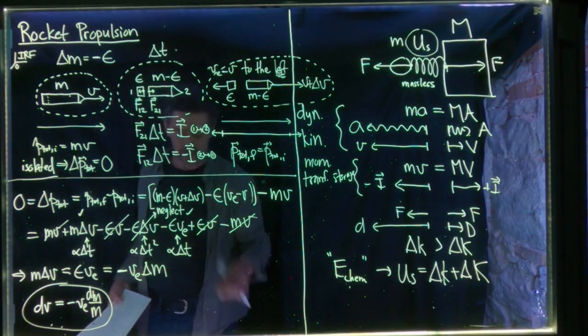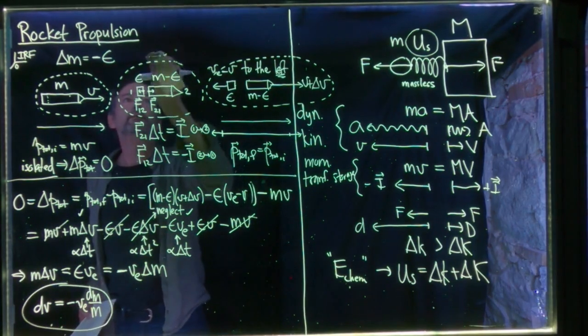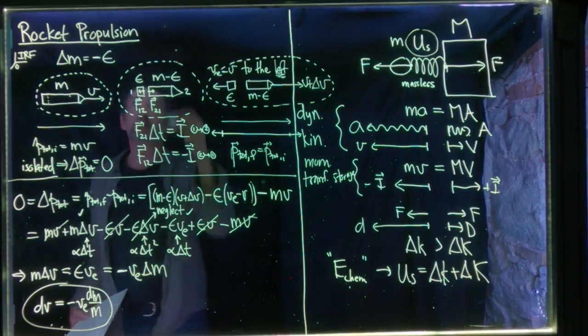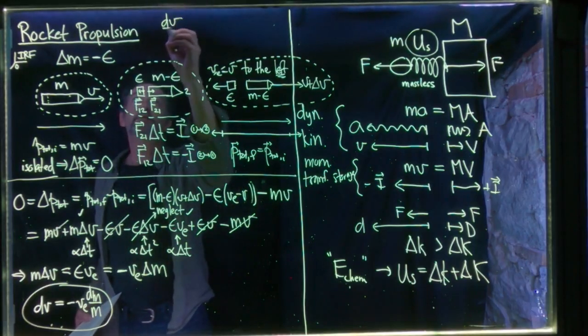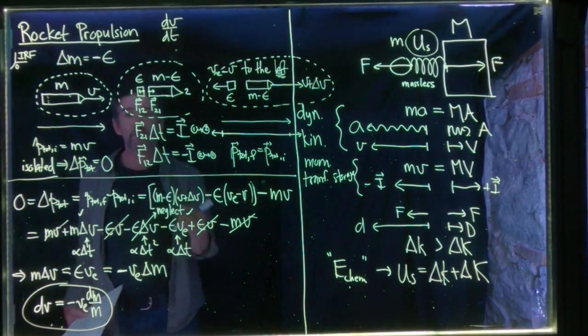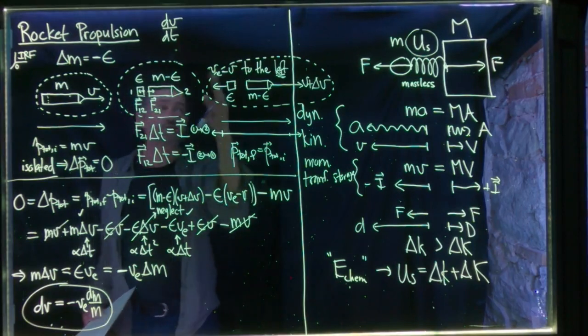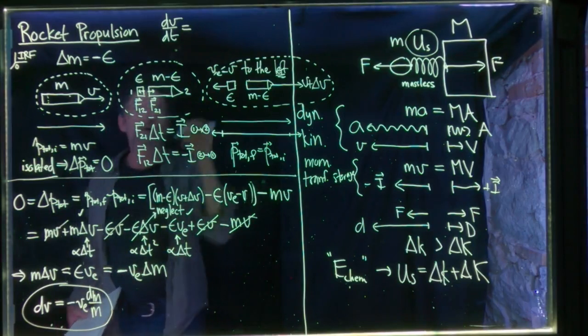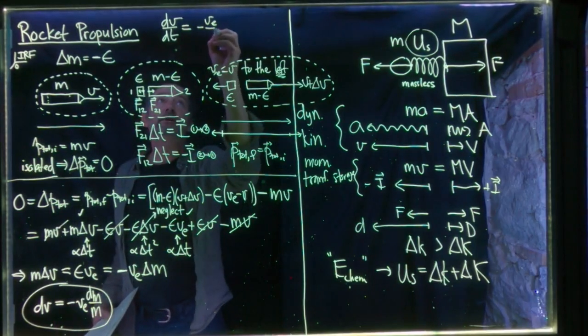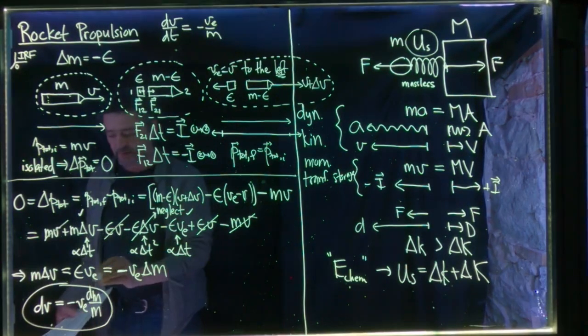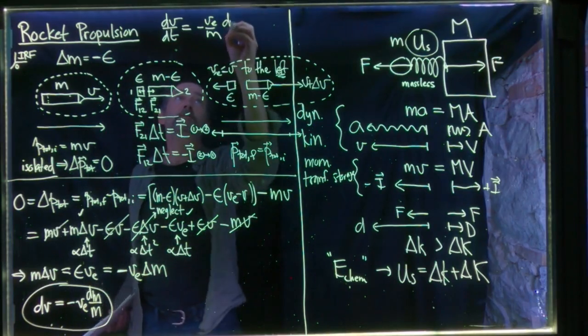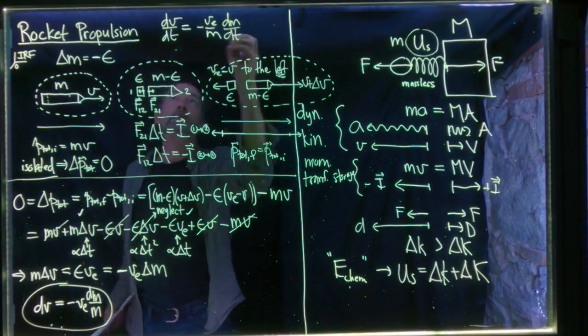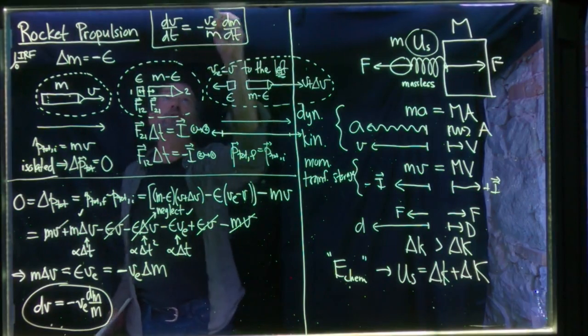So this important result says that dv divided by dt, which is the acceleration of the rocket, the rate at which the velocity of the rocket is changing, is equal to negative VE over m times dm dt. This is an important result which we're going to use later.